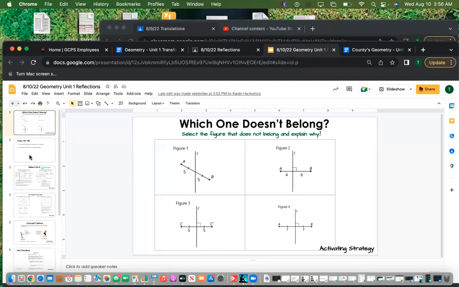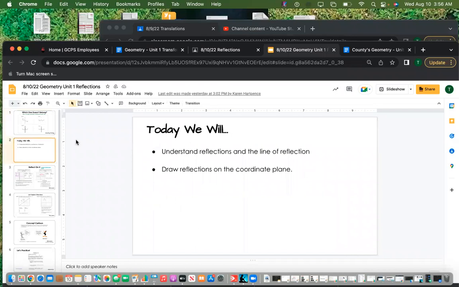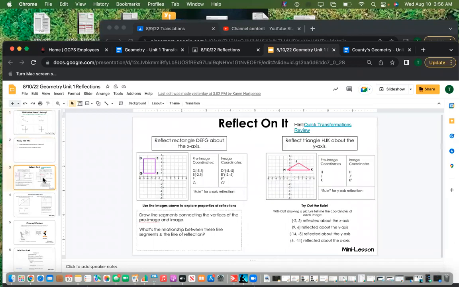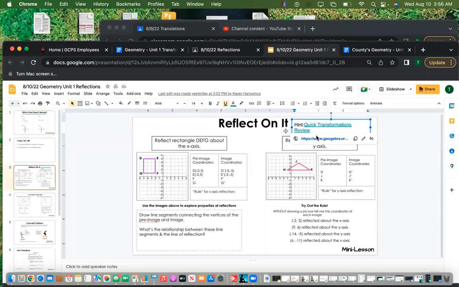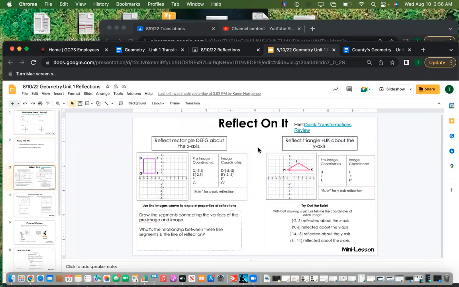All right, so today we're going to talk about understanding reflections in the line of reflection and draw reflections on the coordinate plane. Okay, so use the image above to explore the properties of the reflections. Okay, so reflect the rectangle DEFG about the x-axis.